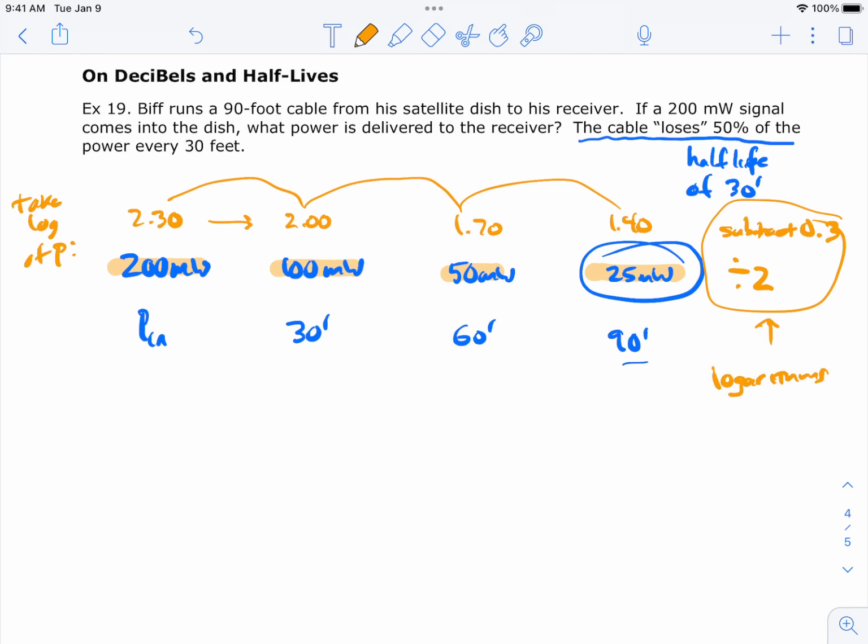Logarithms, and I'm speaking very loosely, turn division into subtraction. In other words, if you divide something by 2 over and over, the logarithm is going to go down by 0.3 over and over.